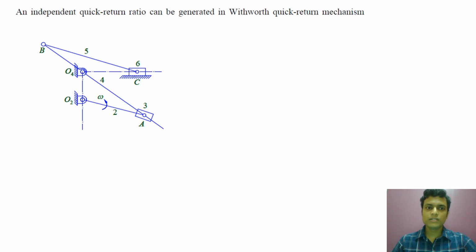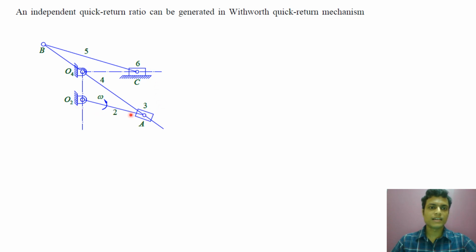One solution to get a quick return ratio independent of crank radius is given by this mechanism, which is called the Whitworth quick return mechanism. So an independent quick return ratio can be generated in the Whitworth quick return mechanism. This is also a 6-link mechanism.